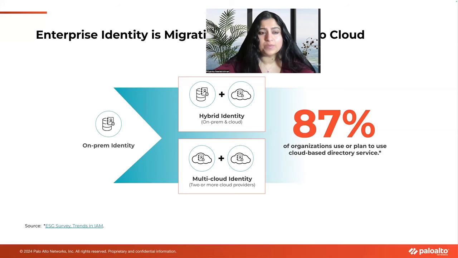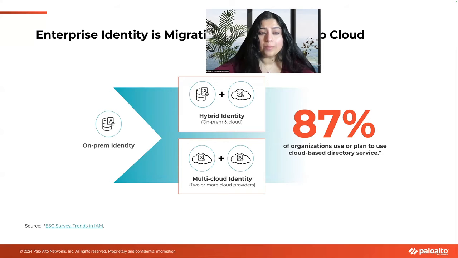Number one is proliferation of identity sources. Customers are managing identities across various sources, including on premise directories, cloud platforms, and third party identity providers. Fragmented identity data leads to inconsistencies and challenges in maintaining a unified view of user identities.